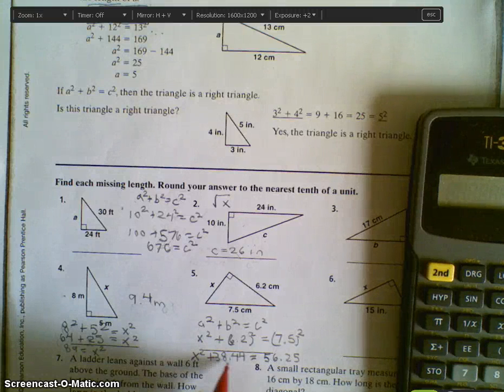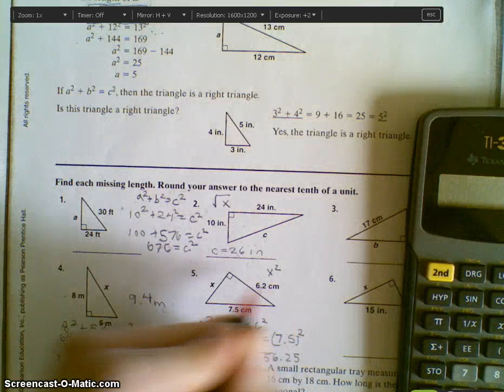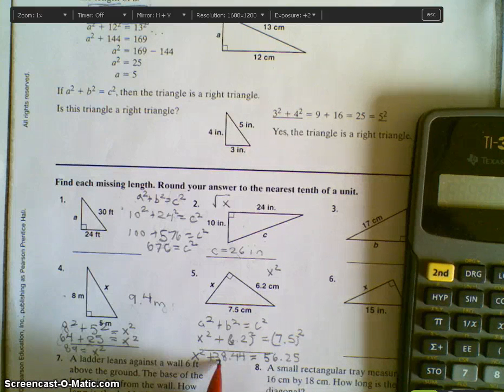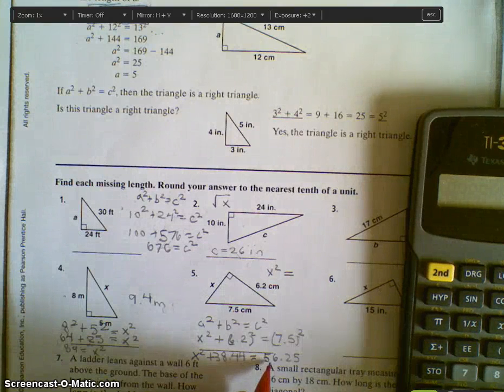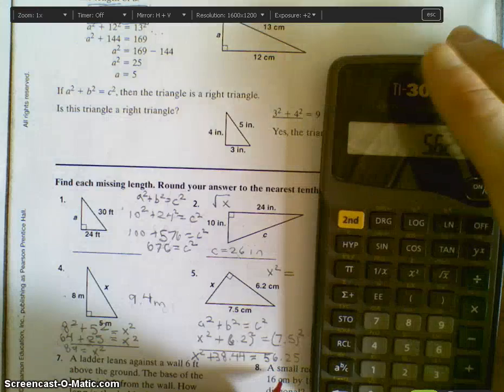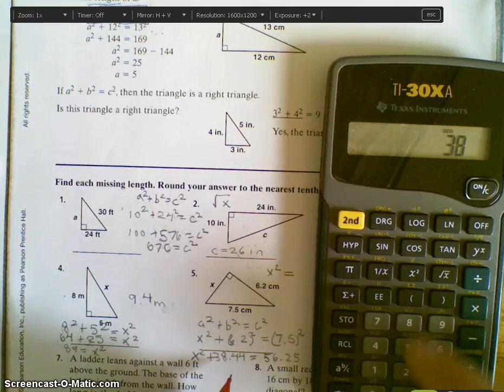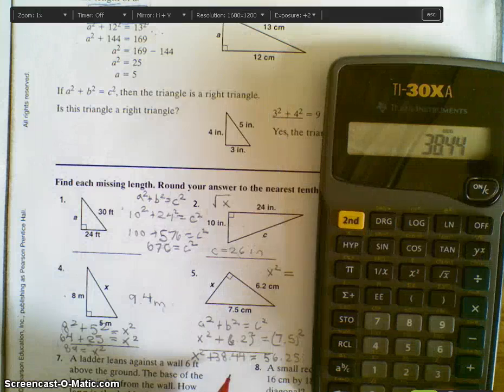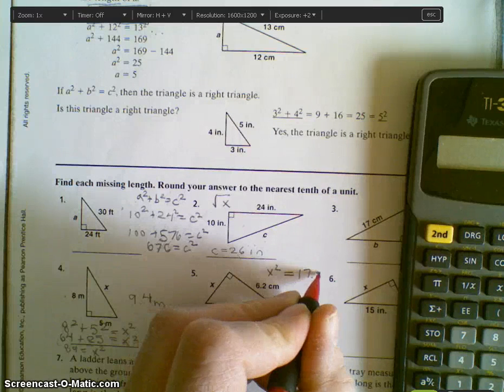So I'm going to rewrite this up here. X squared is now, I'm going to subtract 38.44 from this side and 38.44 from this side. So I'm going to end up with x squared is equal to whatever 56.25, whatever that is, minus 38.44. So that's going to be 17.81. But we're not done yet.